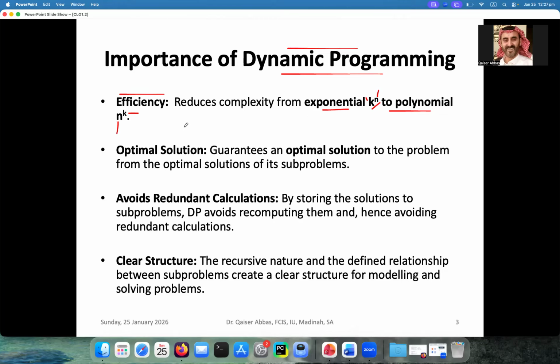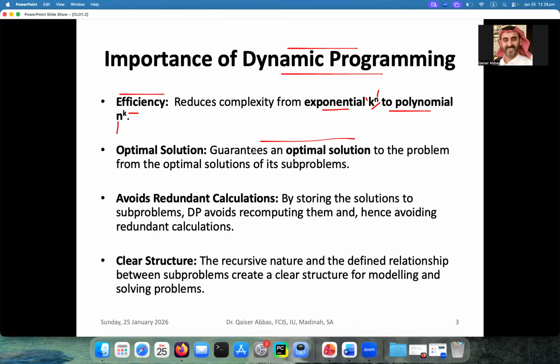The second importance is that it gives us an optimal solution. This approach guarantees an optimal solution to any problem. Why? Because DP finds optimal solutions for the subproblems.